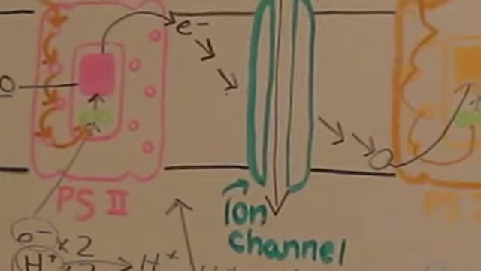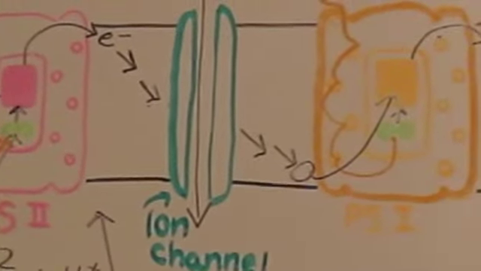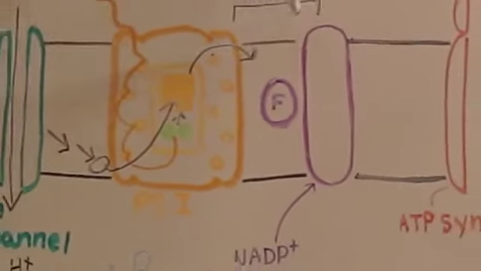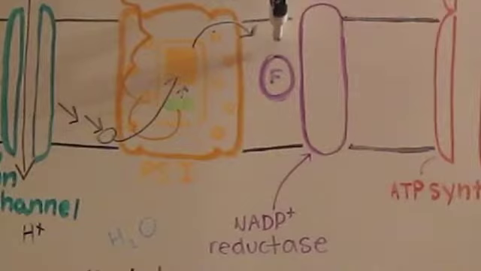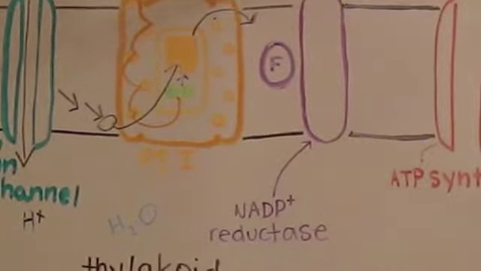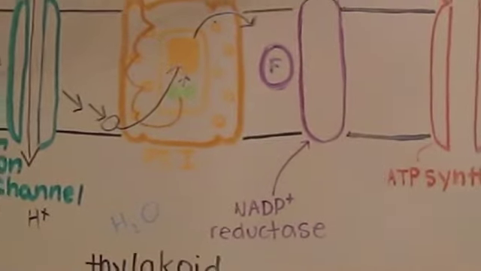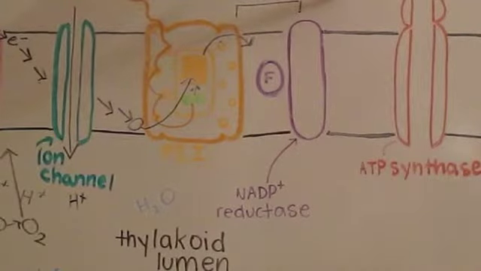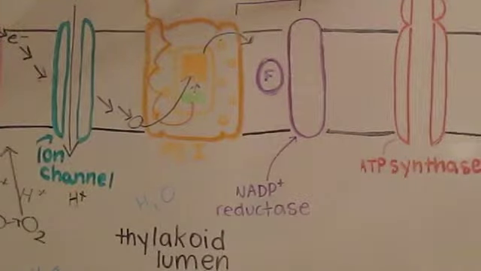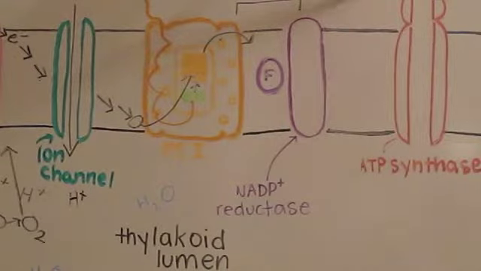Now, let's take a look at the second electron transport system, beginning at photosystem 1 and ending at the protein ferredoxin. NADP+ reductase, located next to ferredoxin, catalyzes the transfer of electrons from ferredoxin to the molecule NADP+, which reduces the molecule with 2 electrons and a hydrogen ion.